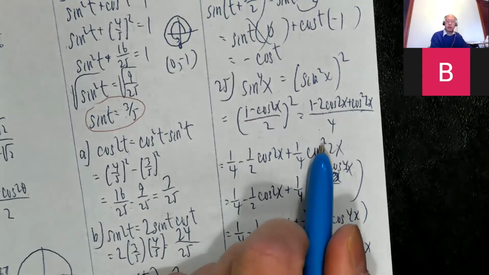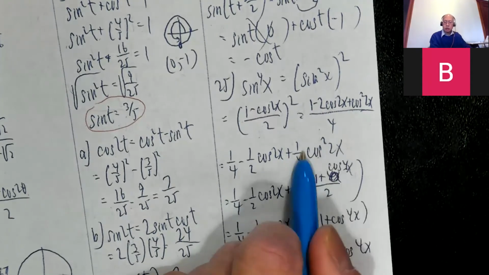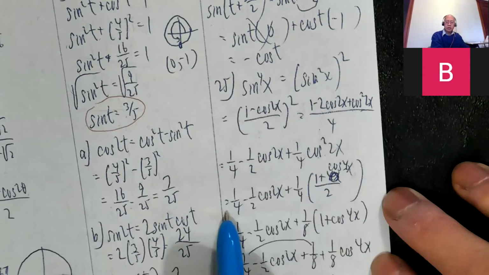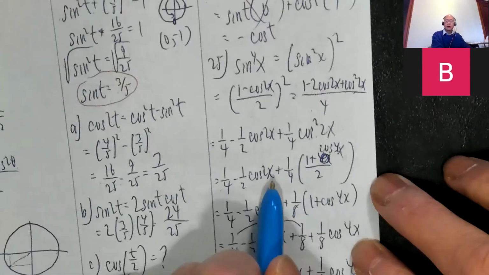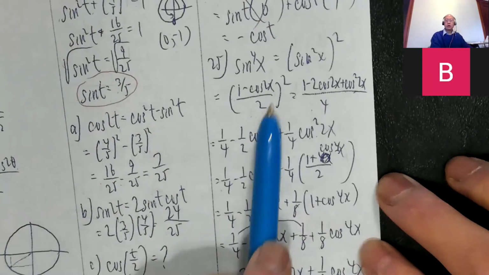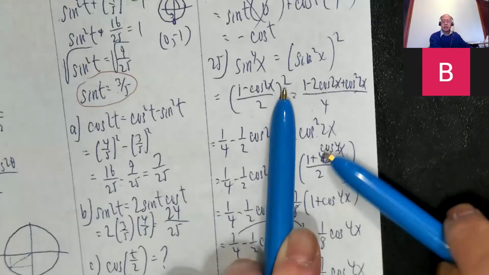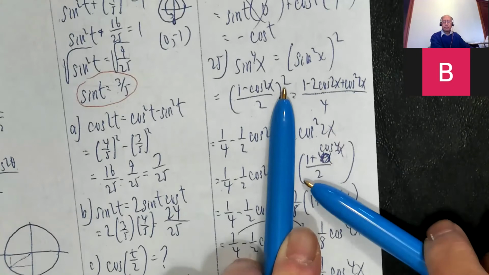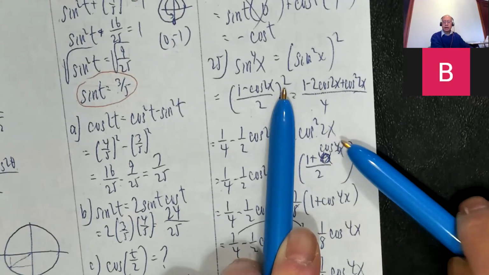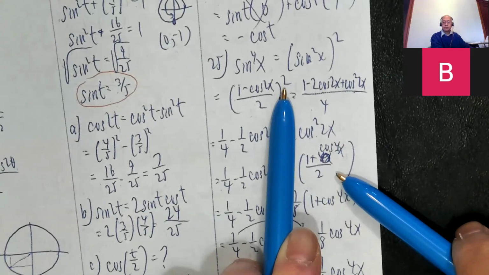So in the directions, they don't want any squares. So I have to change cosine squared of 2x. Leave that alone, leave that alone. 1/4, and now cosine squared of 2x is 1 plus cosine double that angle divided by 2. So if I double 2x, I get 4x.